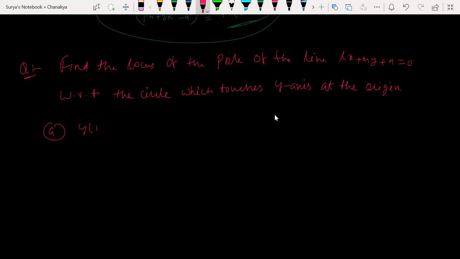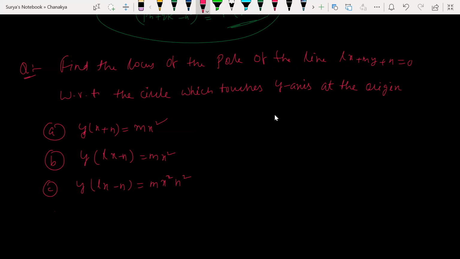Option A, ... Option B, y of Lx minus n is equal to mx square. Option C, y of Lx minus n is equal to mx square n square. Option D, none.